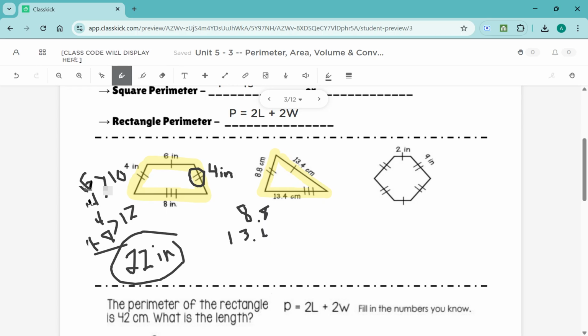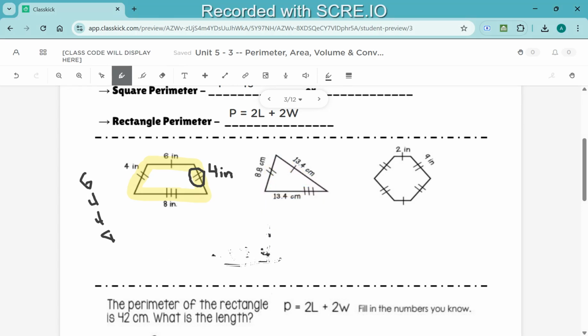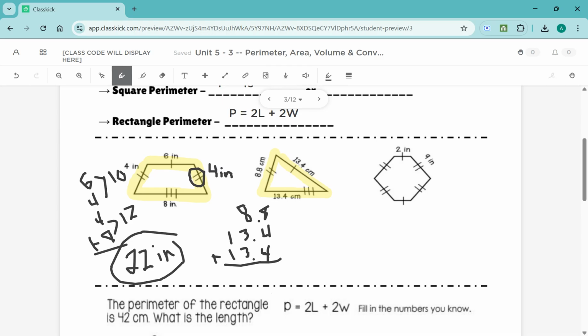So 6, 4. I'm going to add one at a time or two at a time, or whatever works for you.